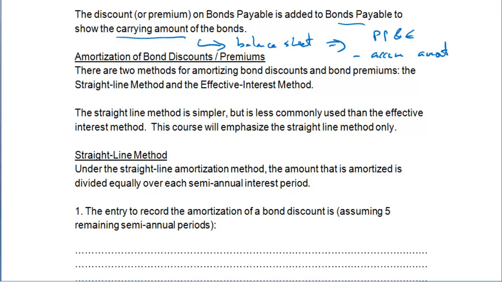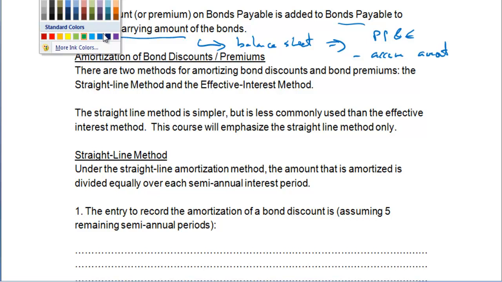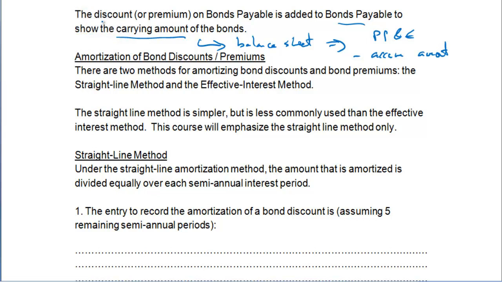The most common way is also a fairly tricky and complex calculation, known as the effective interest method. I'm going to show you what that looks like in the next lecture, but we're not going to actually do it. We are going to do the simpler, although almost never used anymore, straight line method.